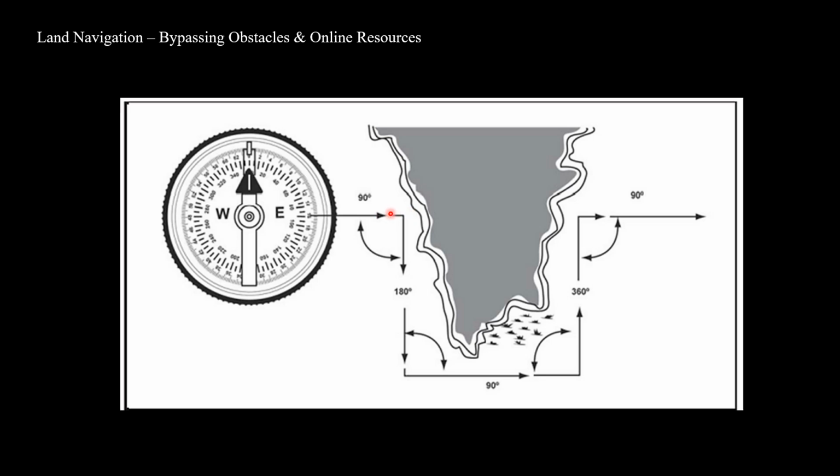So, as you can see here, we talked about back azimuth. So if you're going directly south, 180 degrees, counting your paces, you're past the obstacle. Now first you need to shoot a back azimuth from the 180, right? So that's 360. Then you want to count your paces on this portion of going around the obstacle. Your paces on this portion of the obstacle, going back north in this case, has to equal your paces you counted going south.